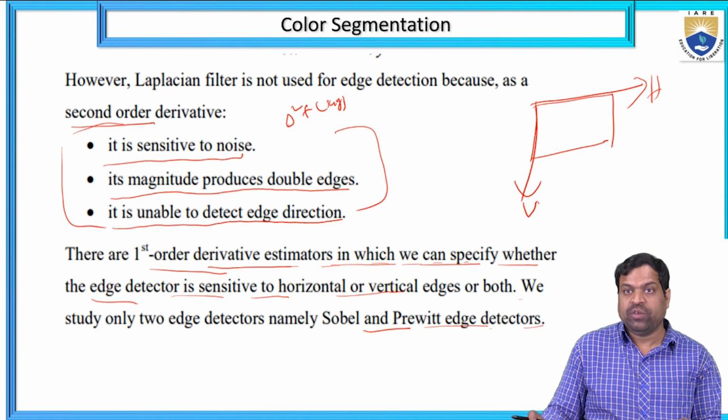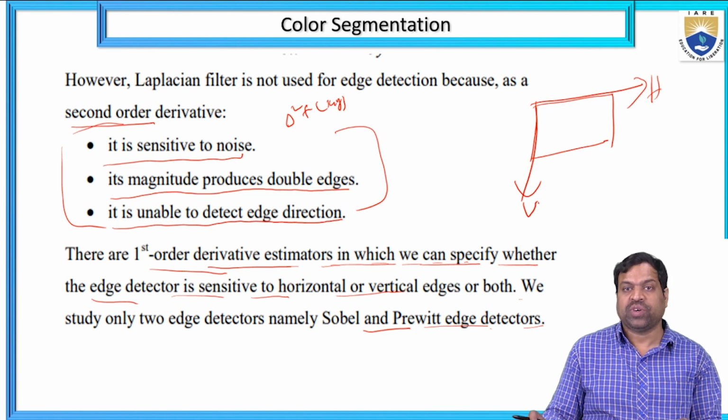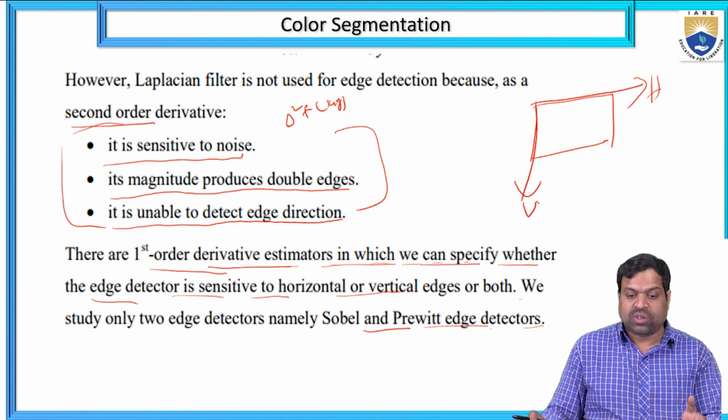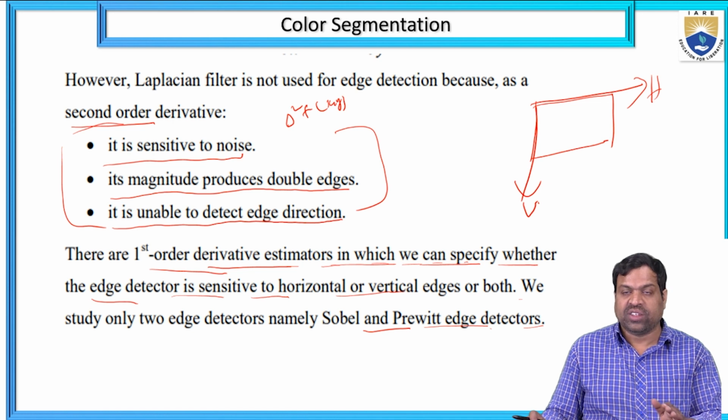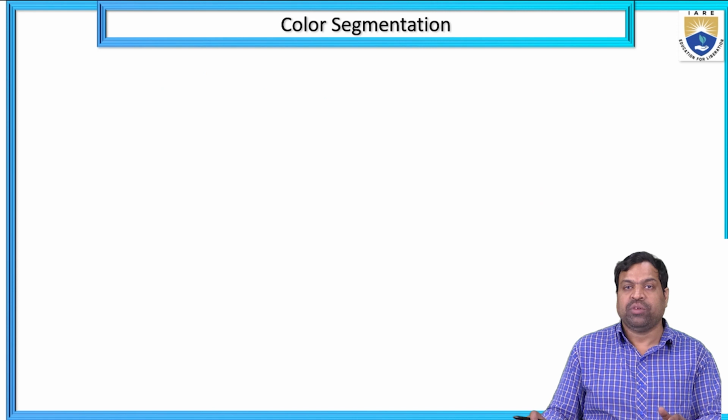The first order derivative estimate lets us specify whether the edge detector is sensitive to horizontal or vertical edges or both. But we study only two edge detectors, Sobel and Prewitt, only in the horizontal or vertical direction of the image.